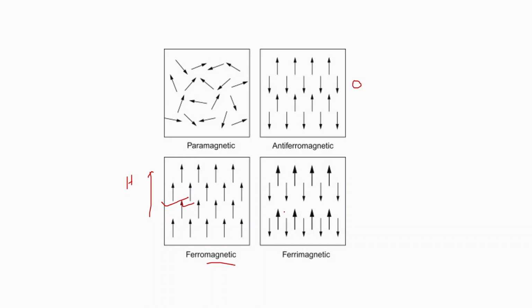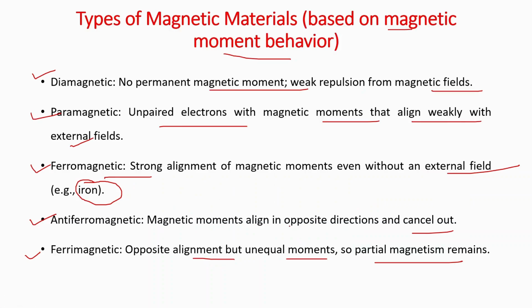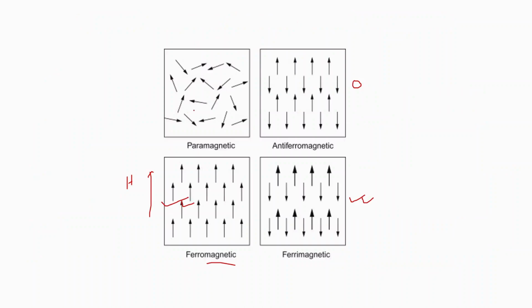Ferrimagnetic materials have magnetic moments which are unequal in magnitude but oppositely directed, so they have some partial amount of magnetism. You can stop the video here and see how the magnetic moments align in paramagnetic, ferromagnetic, antiferromagnetic, and ferrimagnetic materials.